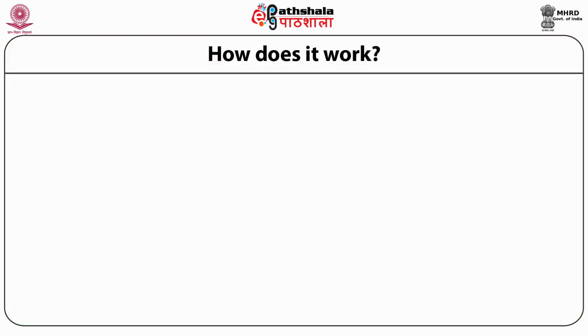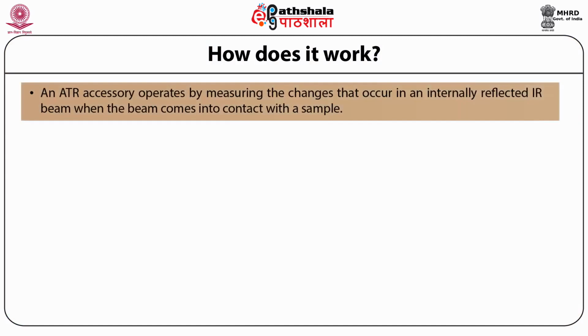How does it work? An ATR accessory operates by measuring the changes that occur in an internally reflected IR beam when the beam comes into contact with the sample. An IR beam is directed onto an optically dense crystal with a high refractive index at a certain angle.